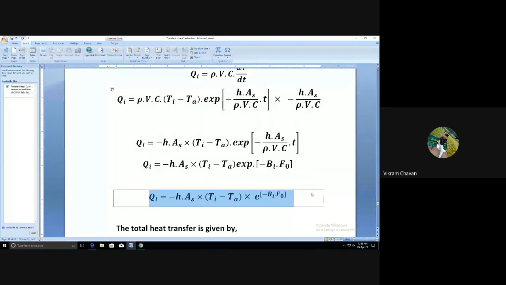Whether you understood or not, please comment in the chat box. Whether you understood what is meant by instantaneous heat transfer and how to determine it, please comment, or if you require more explanation about this.